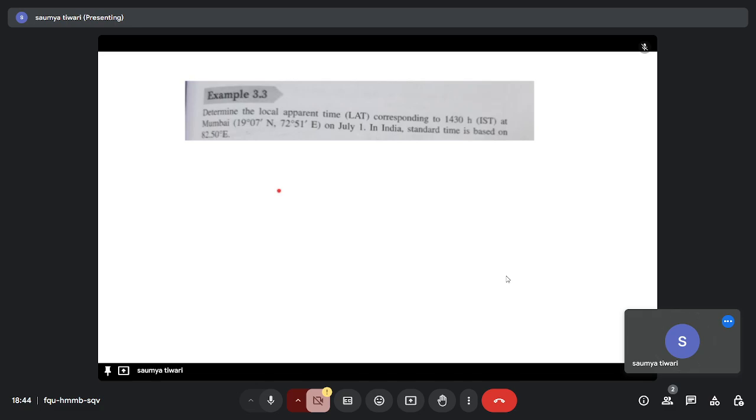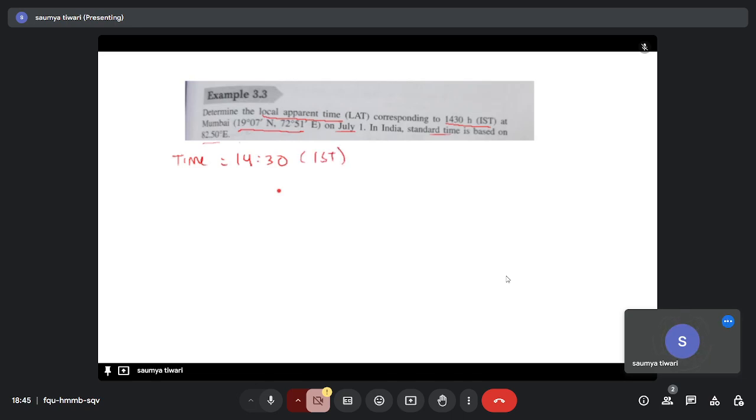So we have to calculate the local apparent time corresponding to the given clock time at Mumbai. The location, latitude and longitude, is given on a certain day, and we know that the Indian standard time is based on this longitude. So let's see. What's given in the question is the time mentioned, 14 hour 30 minutes Indian standard time.